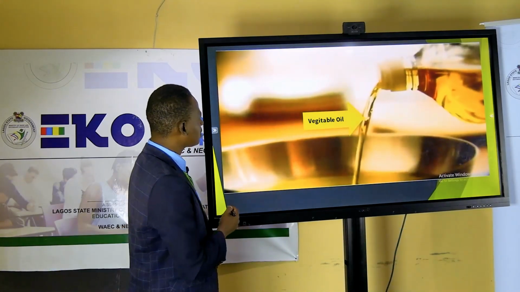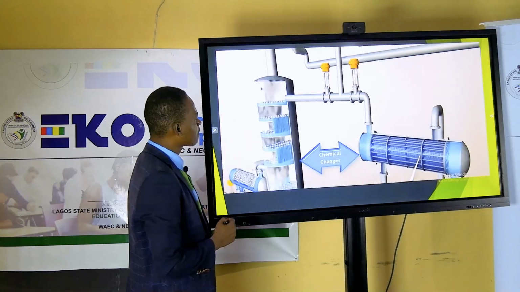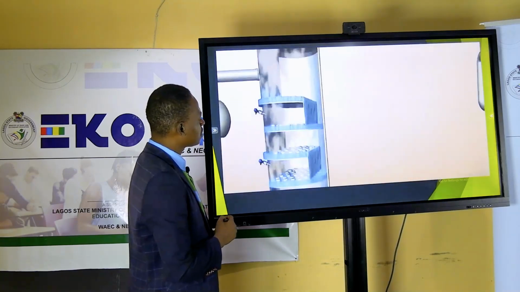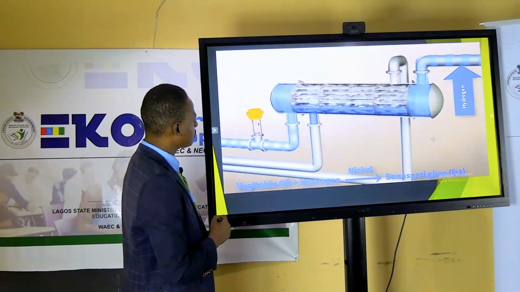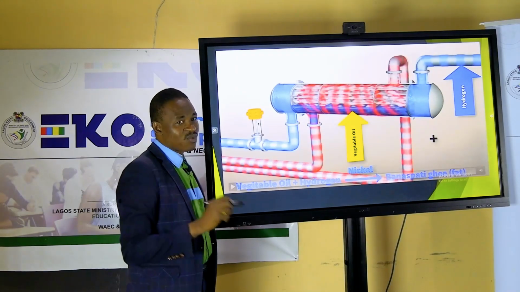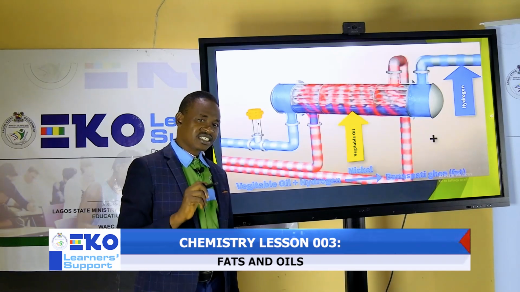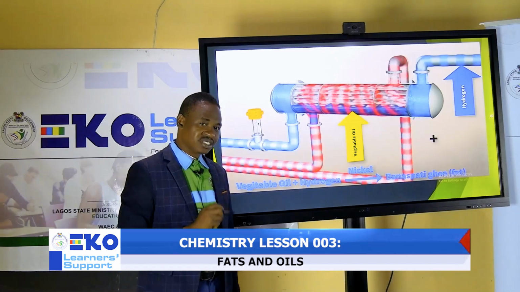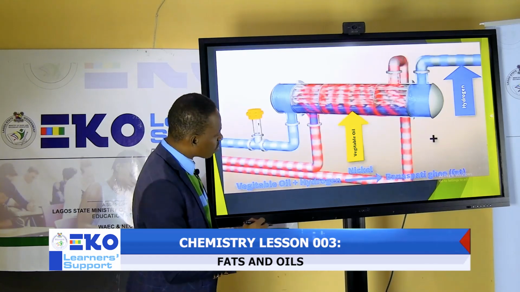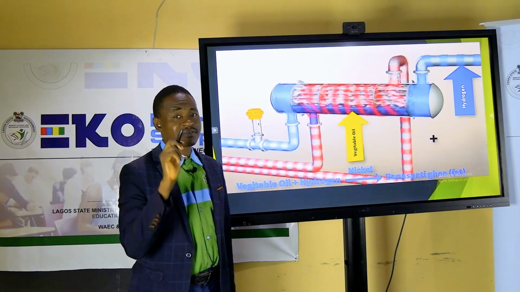So what do you notice? You will notice that when vegetable oil is added with hydrogen in the presence of nickel as a catalyst, we get what we call fats or margarine.